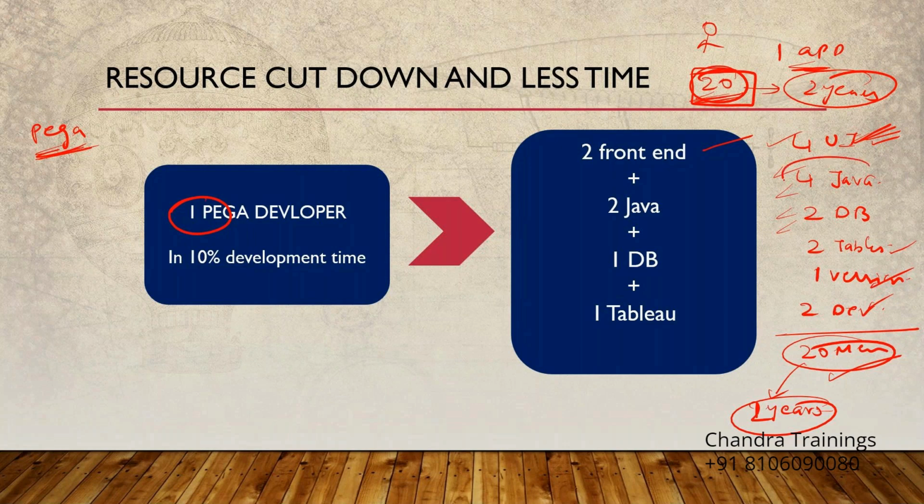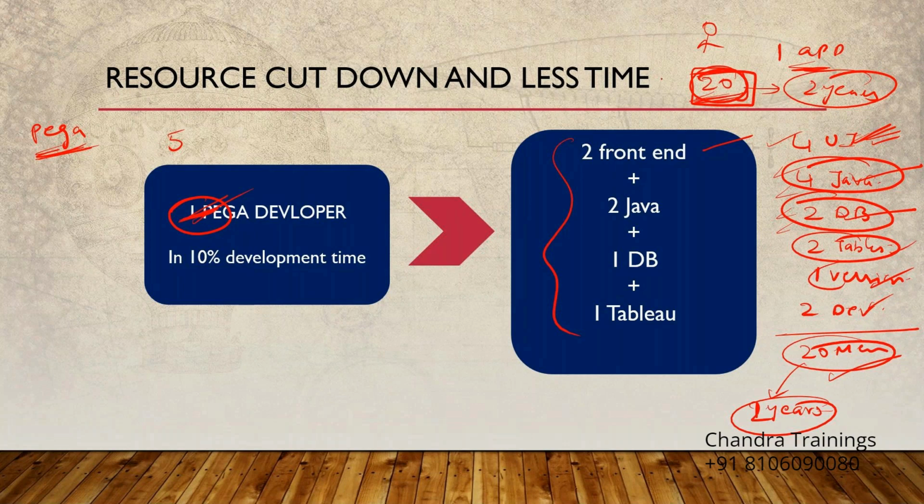Whatever the backend developer is doing here, the same thing a single person can do from here, and you can do what the DB developer is doing there, and reporting, everything. So one developer is able to do all these related tasks. This 20-member team can be replaced with just a 5-member team.